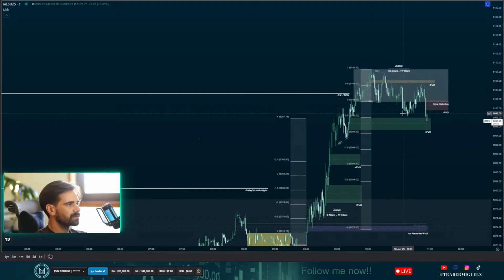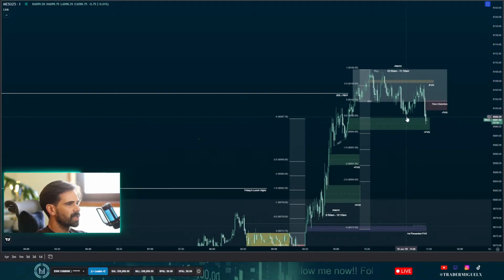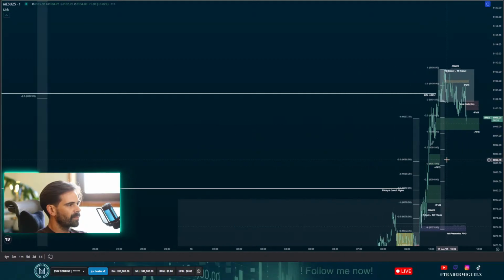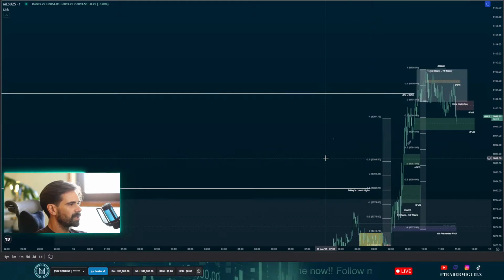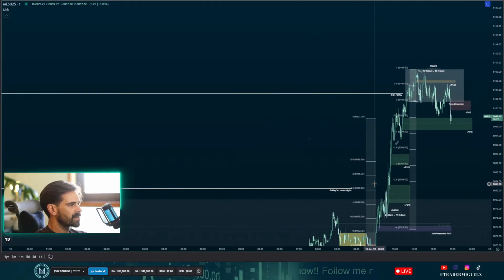We are still with an SMT in between ES and NQ. We kind of rejected the 1.5 here and eventually looking for a retrace lower until the -1.